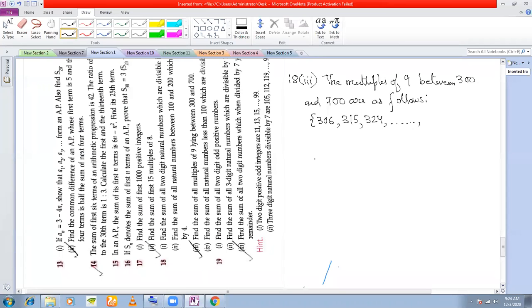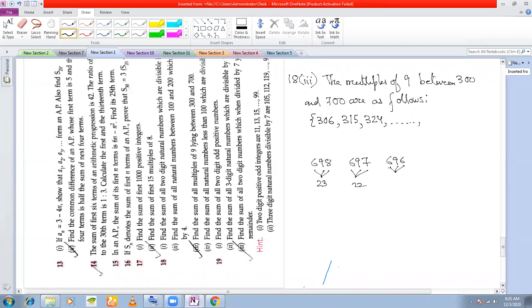698. Is it a multiple of 9? Add up the digits. 17 plus 6 is 23. No. 697: 16 plus 6, 22. Not a multiple of 9. 696.